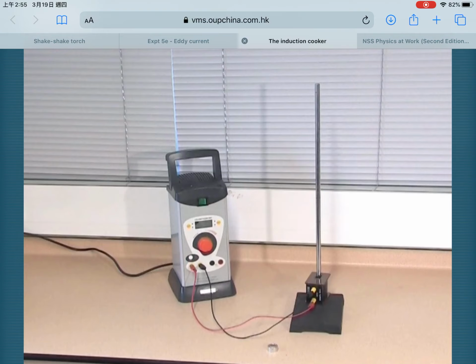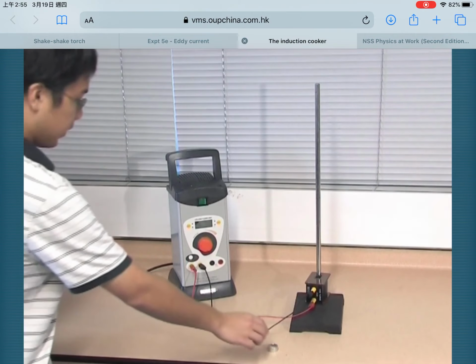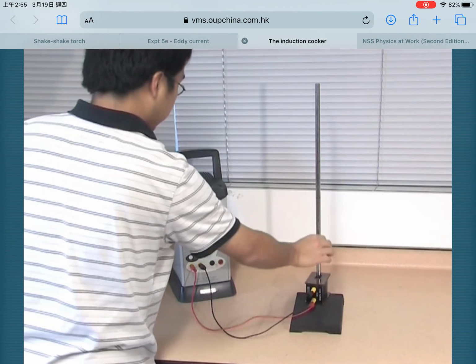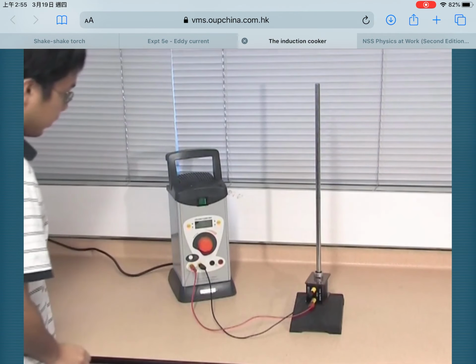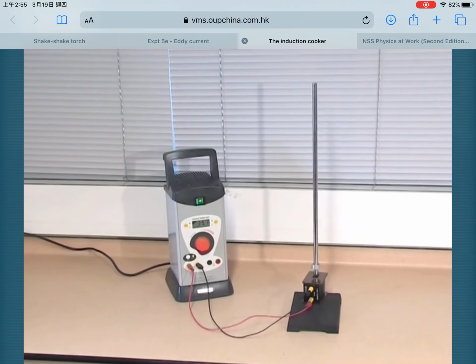A coil is placed on a retort stand. It is connected to an AC power supply. Put an aluminium ring through the stand and rest it on the coil. Switch on the AC power supply.